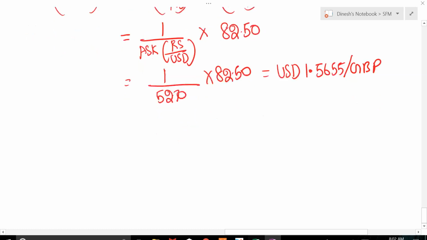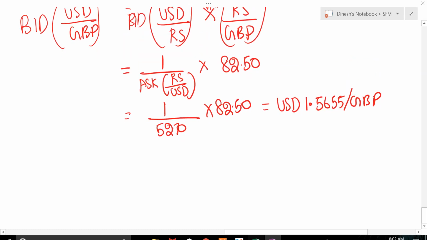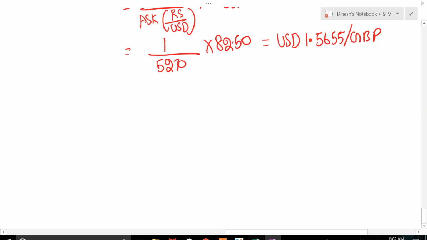Now I'm going to write the same formula, but I'll prefix it with ask. That's all. Same formula, prefixed with ask.